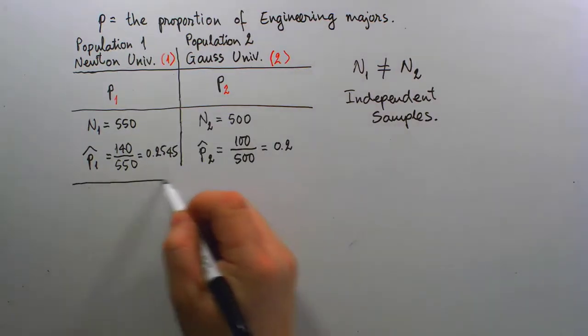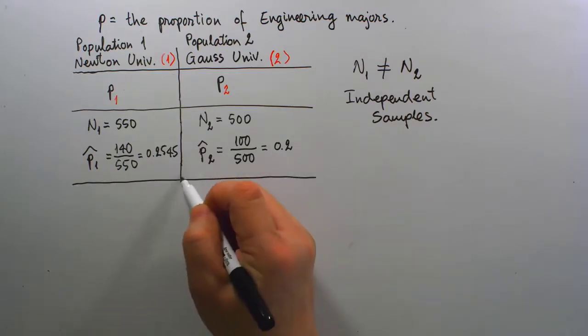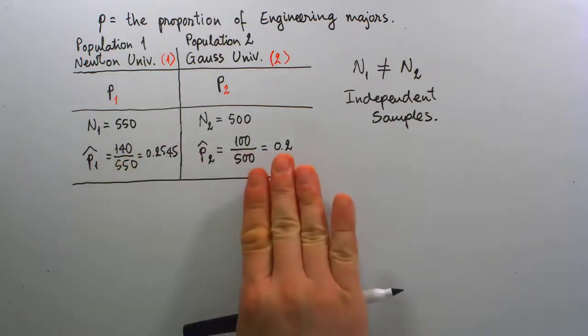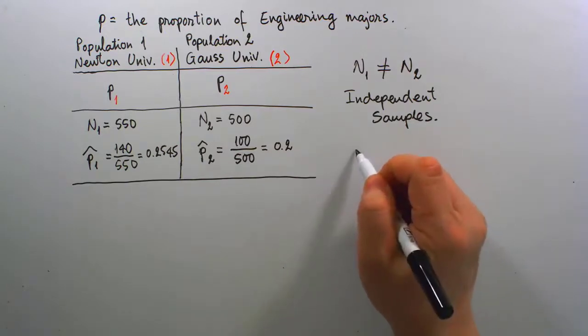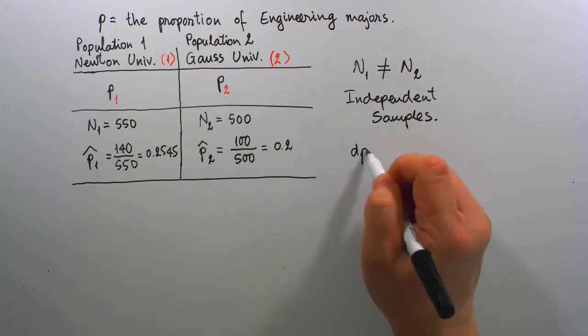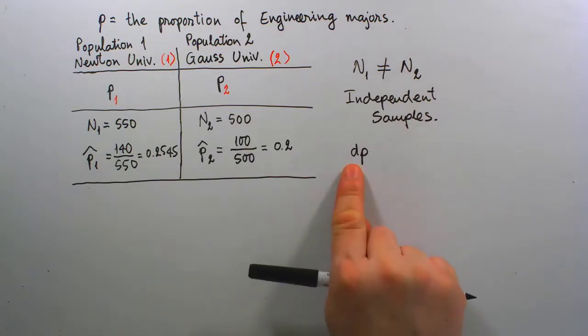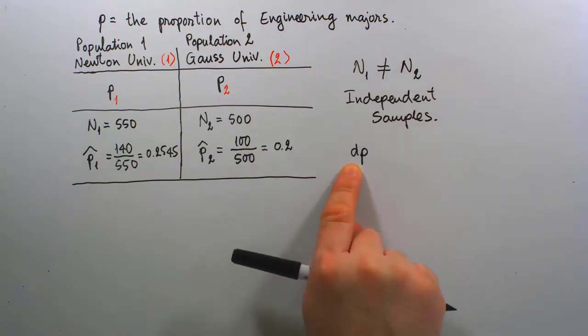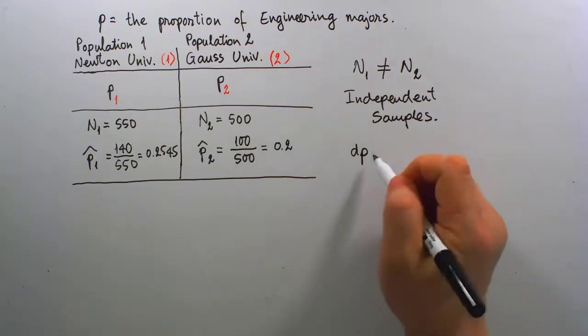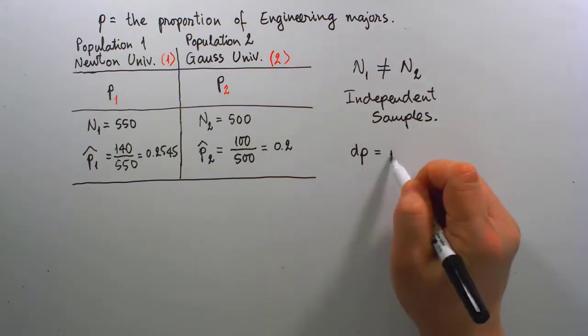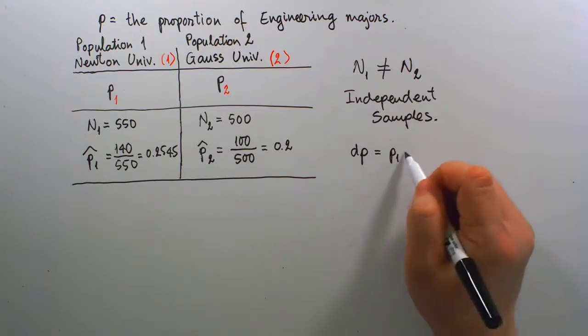Now that we have successfully listed down our given information, we need to recall from the general lecture that dP, the difference in the two population proportions, is permanently defined as p1 minus p2.